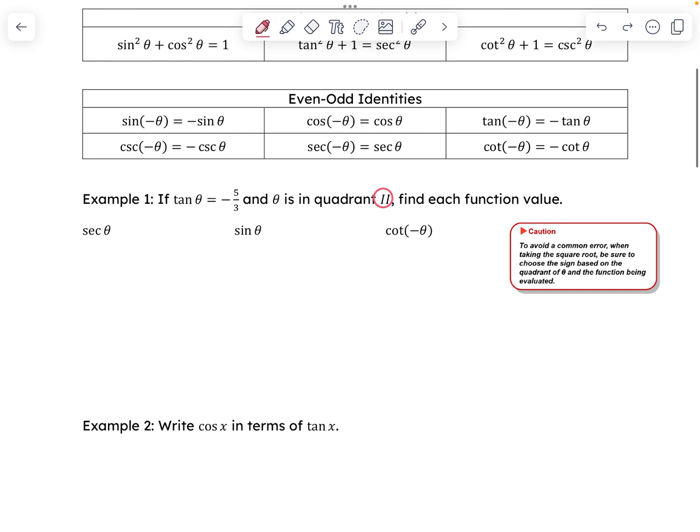So if we're in quadrant 2, I'm going to do a little bit of side work over here. Quadrant 2 means that we are up here. Here is my theta. And I can use my SOHCAHTOA.